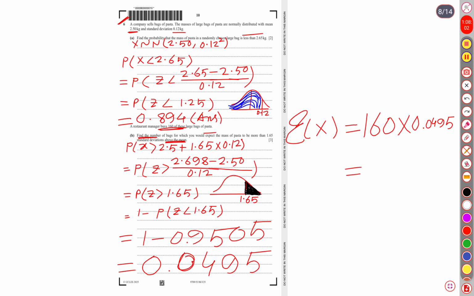If we multiply 160 by 0.0495, it will show more than 7 bags. So you can write 7 bags. If we round it to a whole number, you can write 7 bags. So this is the answer to this part. Let's see the next part.